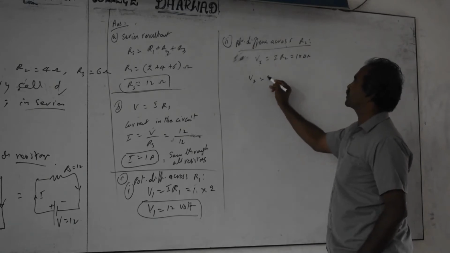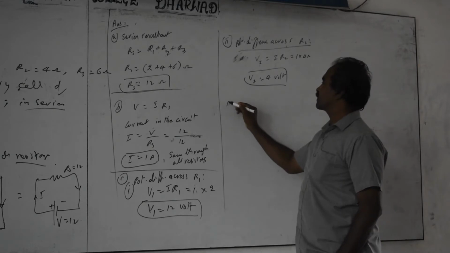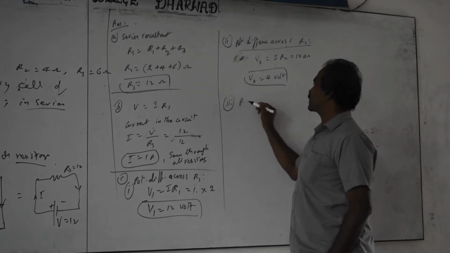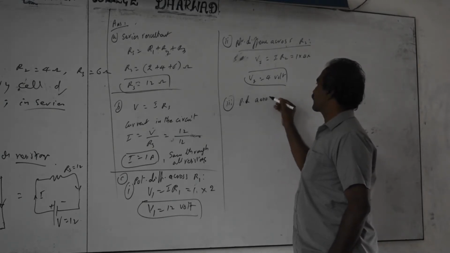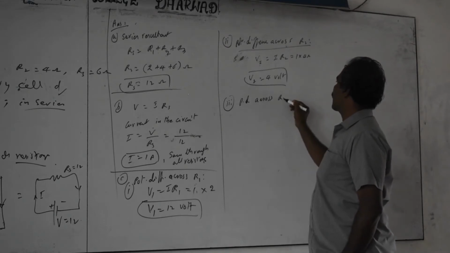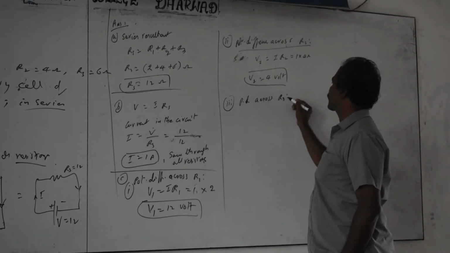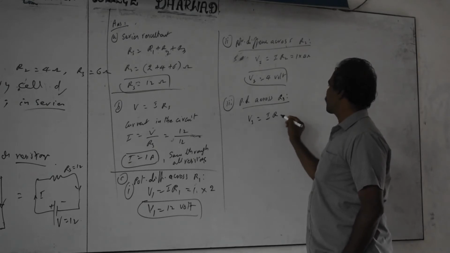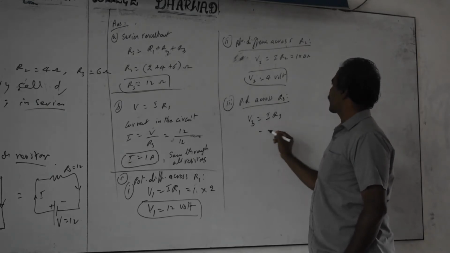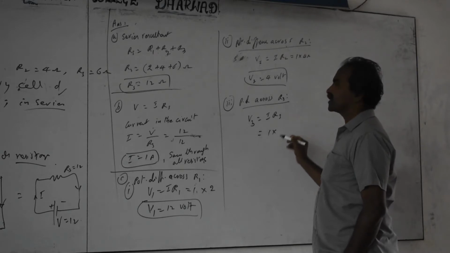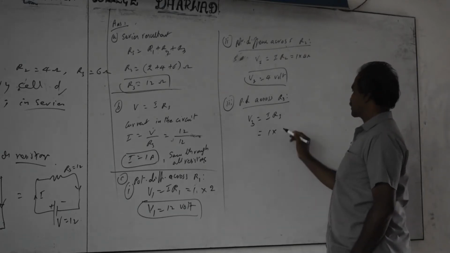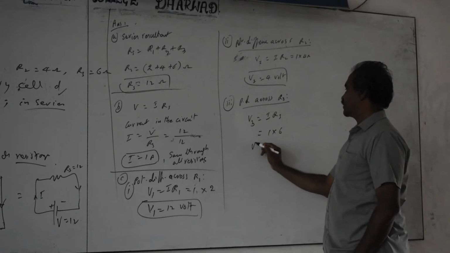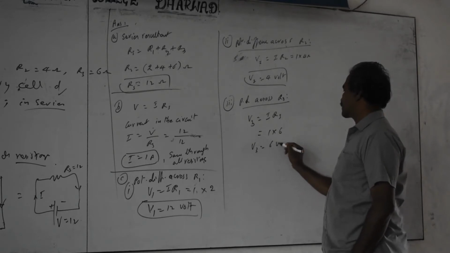So V2 is equal to 4 volts. The potential difference across R3 is V3 equal to I into R3. Current is 1 ampere, R3 is 6 ohms. So V3 is equal to 6 volts.